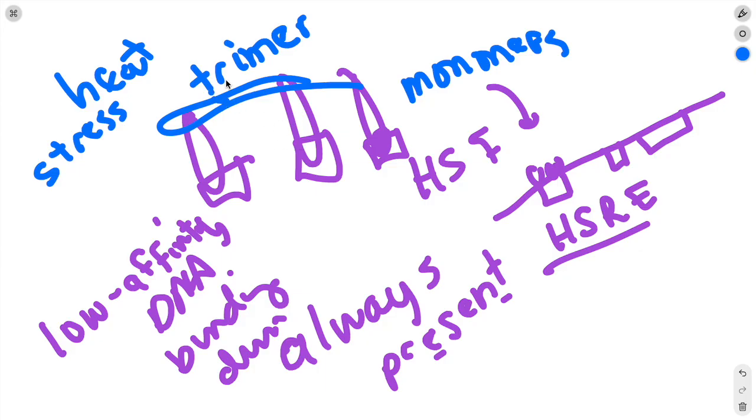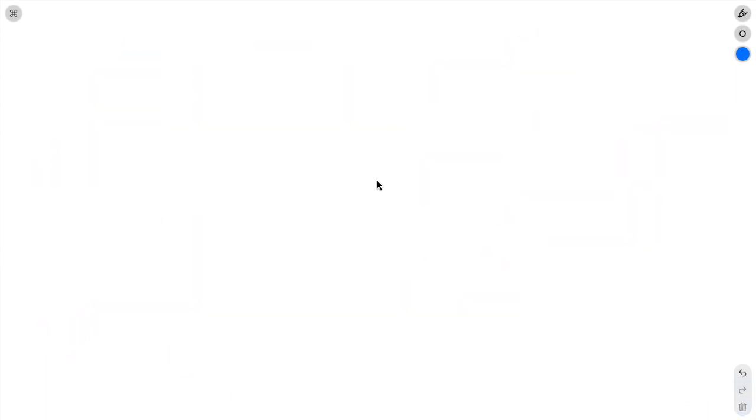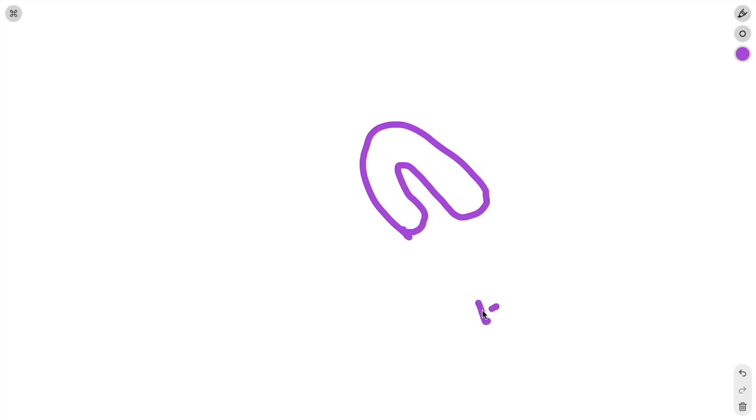And now we're just going to zoom in on the heat shock transcription factor to see what does that look like. And the answer is that the heat shock transcription factor monomer looks like this, where it's folded over like that. So that's HSF monomer.